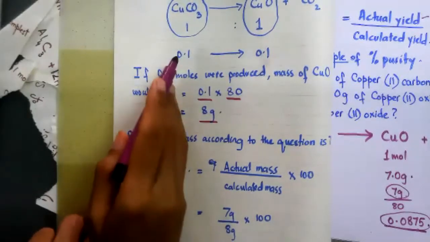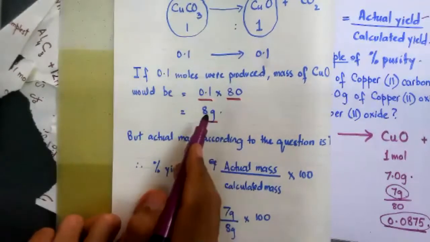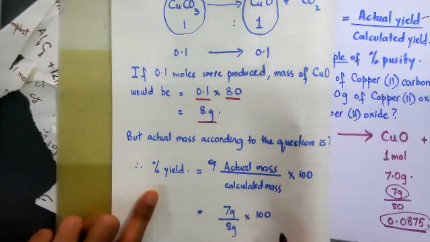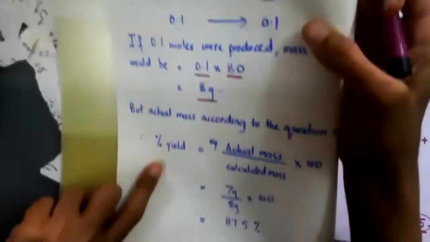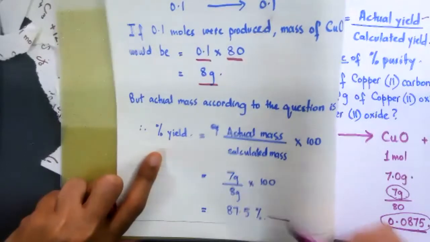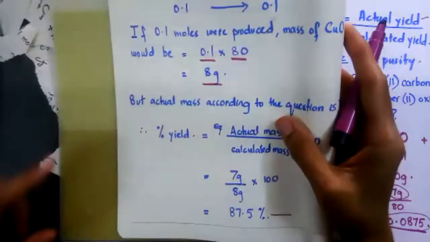The moles should have been 0.1, and when I multiplied that by the molar mass, I got 80 and 8 grams. So this is my ideal value. So 7 grams divided by 8 grams multiplied by 100, and I get 87.5%. So 87.5% is the percentage yield for copper oxide from copper carbonate.